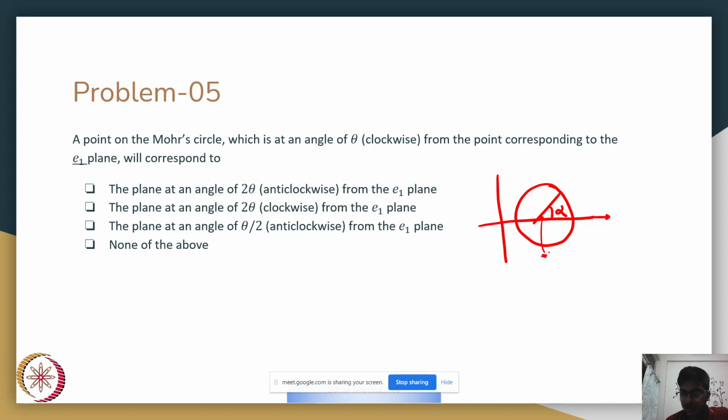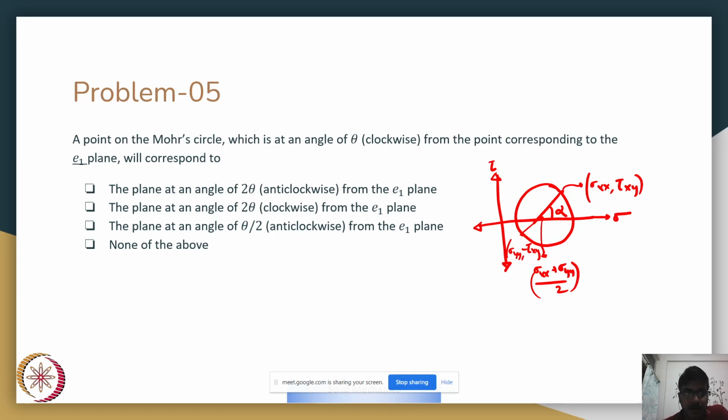This is sigma xx plus sigma yy by 2. This point will be sigma xx comma tau xy, and this point is sigma yy comma minus tau xy. Sorry, the labels should be sigma and tau. Yeah, this is a representative Mohr circle that I have drawn.